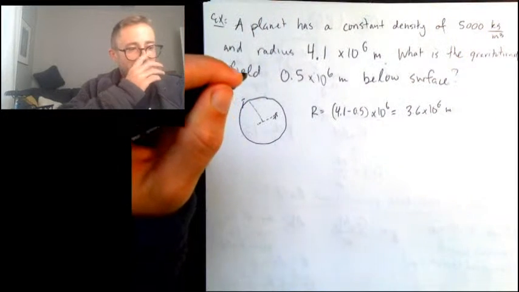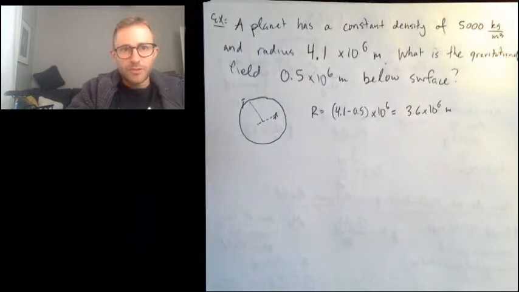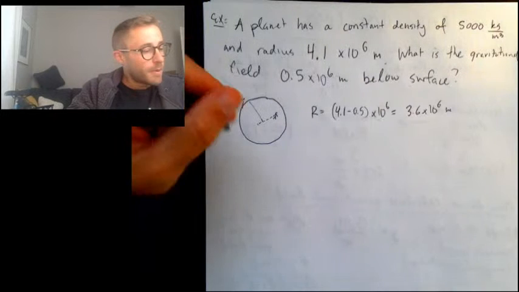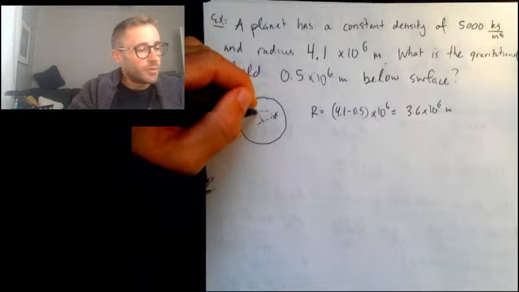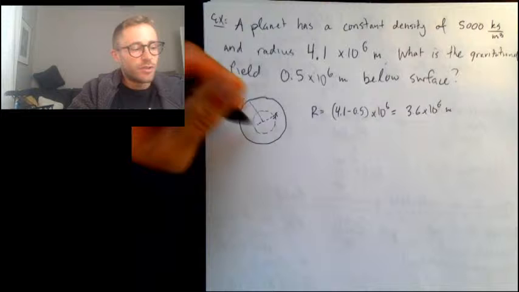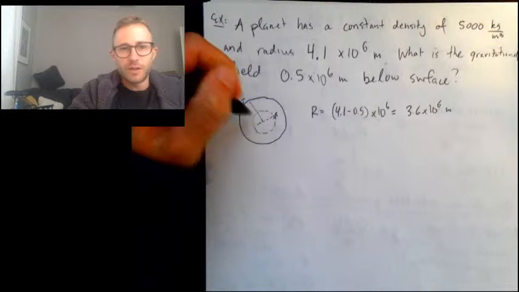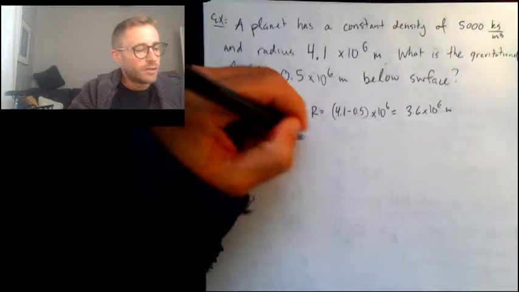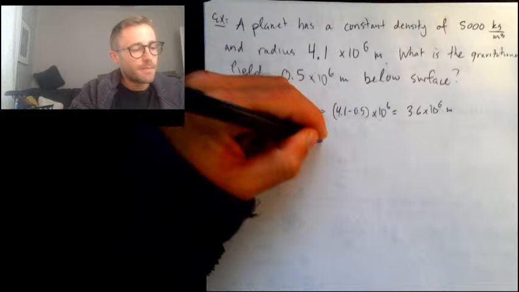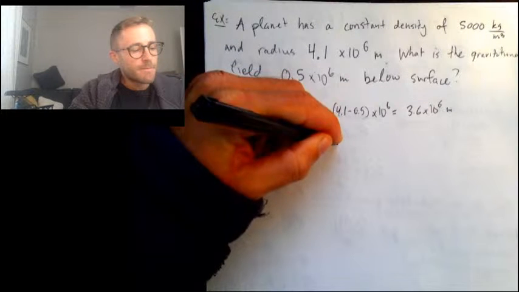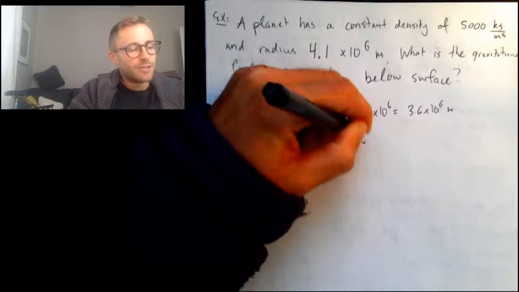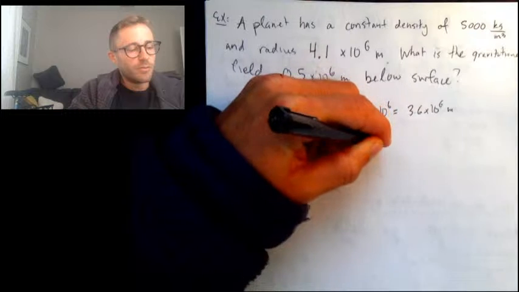Now, how much mass is below the person? It would be all of this mass. So it's the mass contained within a sphere of this radius. So the mass below is going to be density times the volume below.